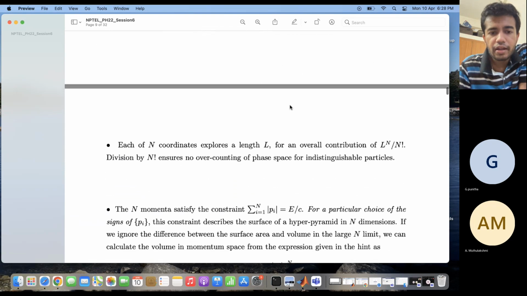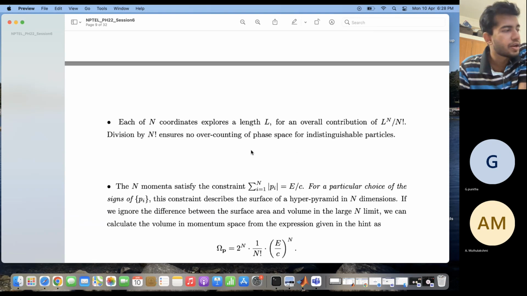You know that there are N coordinates because there are N particles over here. So there are N position coordinates, and the total amount of space to which they are restricted has a length of L, right? So there can be L to the power of N different contributions from these N coordinates, and in order to avoid overcounting, since the particles are indistinguishable, we have to divide by the total number of permutations of these particles.